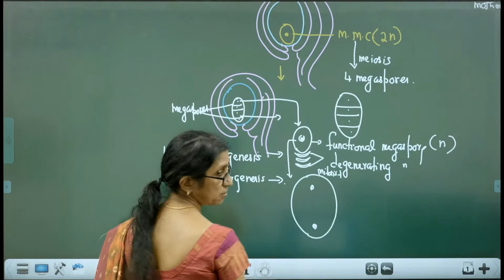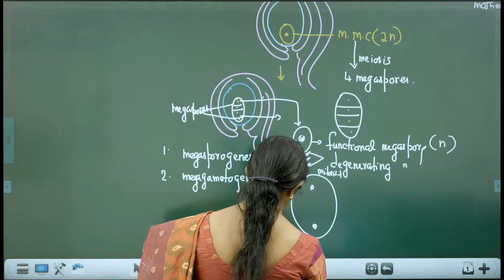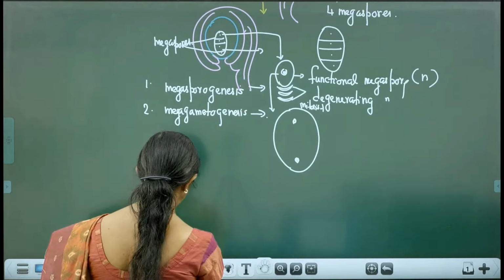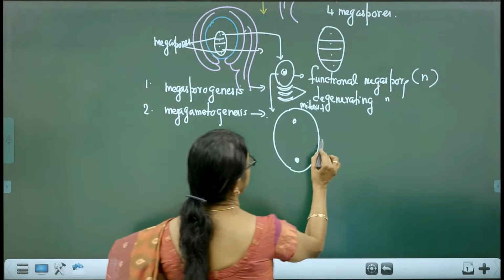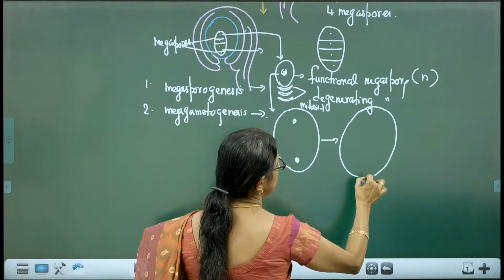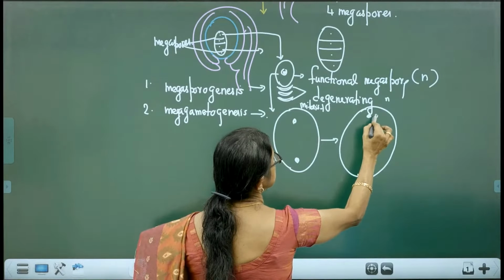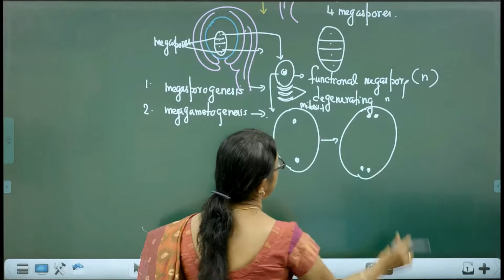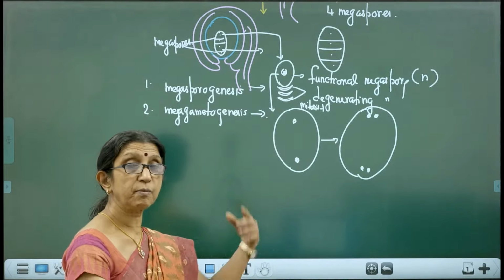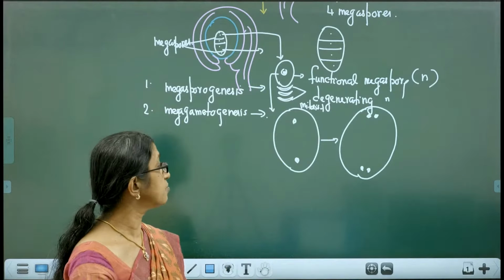It is over, followed by the second and third mitotic division. Undergoing the second division, the resulting nuclei get pushed to the poles, the micropylar and the chalazal pole.